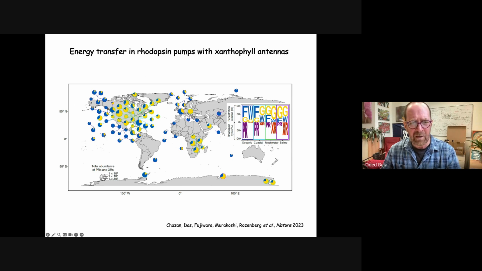In the marine environment, it's about 25 to 30% at different locations. So it means that most rhodopsins in the environment have the ability to bind antennas.